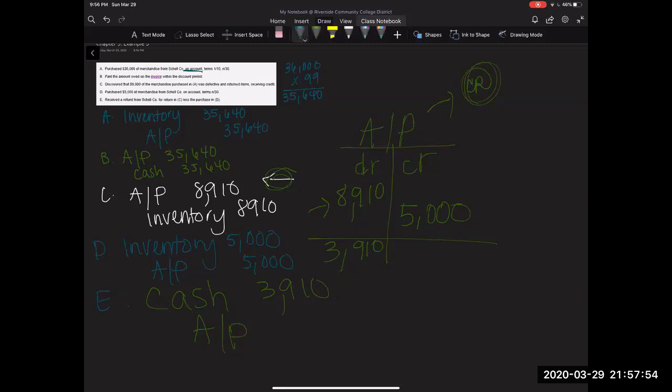So our credit is going to be $3,910 here, because we're trying to offset what they owe us. So that accounts payable is going to be zero. It looks very weird because it usually is not matched like this. It rarely looks like this, but because we returned something after paying for it, they owe us money. So this is how we will record this transaction.